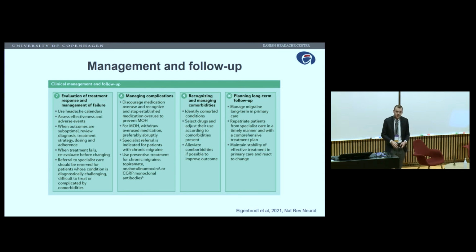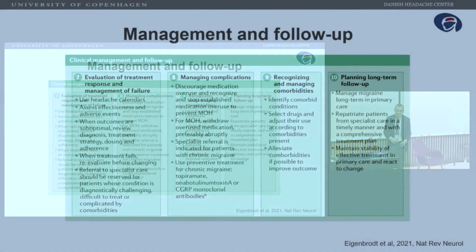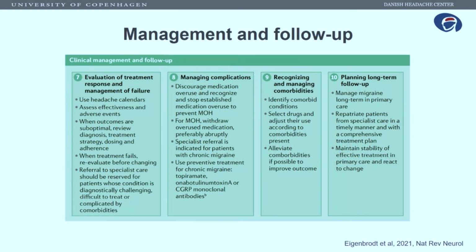Moving on to management and follow-up. Don't just start your patients on something and then throw them out. You should really follow up, of course. You should follow up with diaries, follow up with calendars. Assess both effectiveness and adverse events, and when the outcomes are suboptimal, then review your diagnosis, review the treatment history, and plan for new treatment courses.